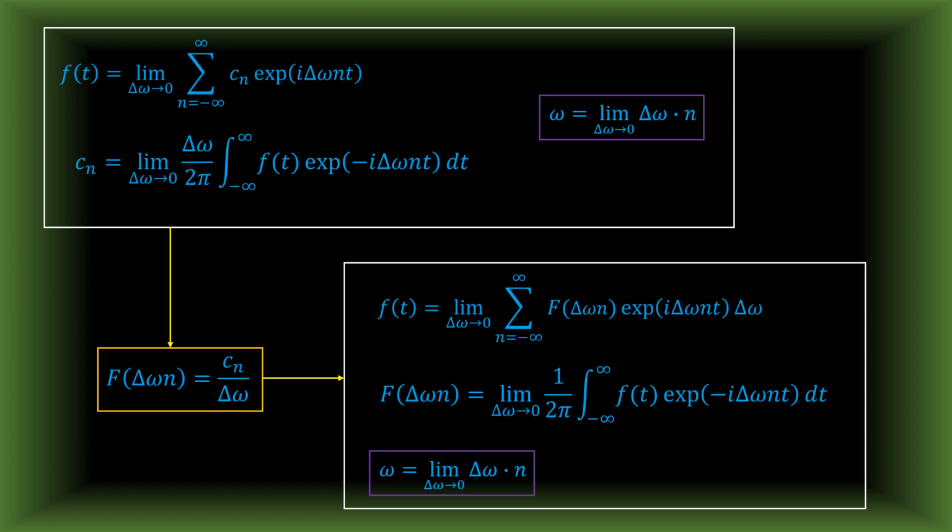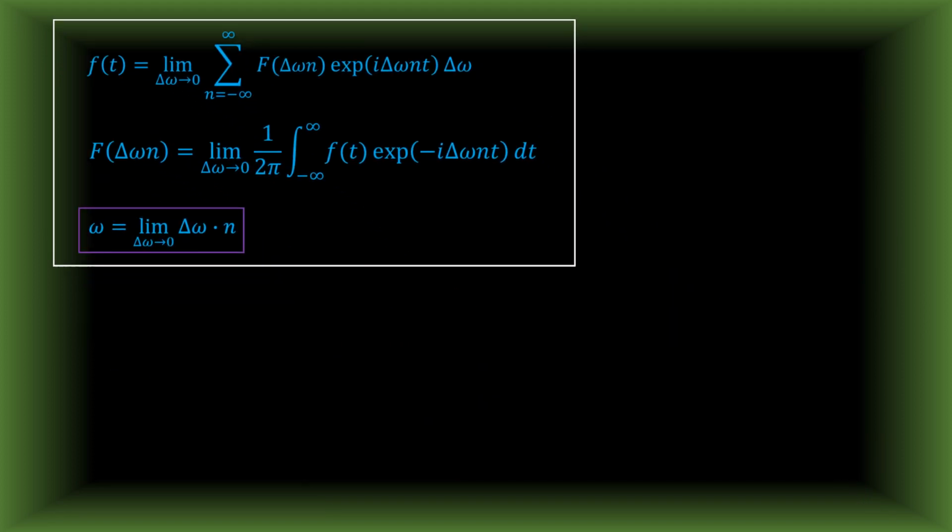And so now we have this over here as displayed in that white box. Also keeping in mind that omega is the limit as delta omega approaches 0 of delta omega multiplied by n. And let's move this up over here.